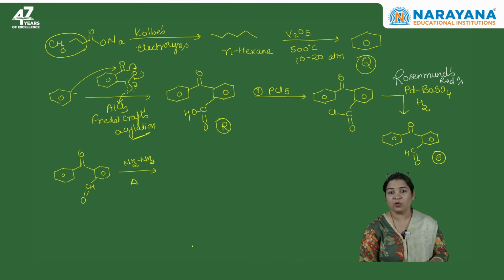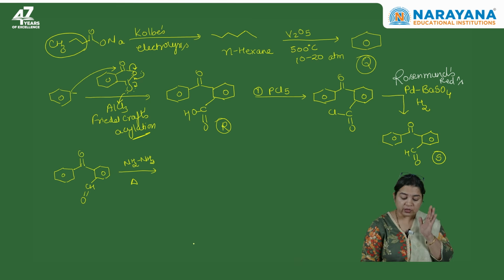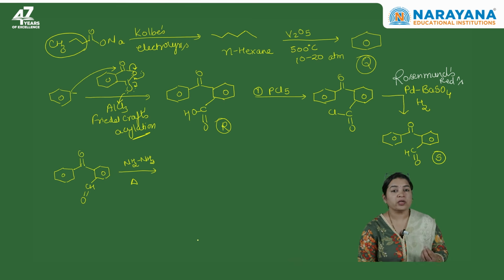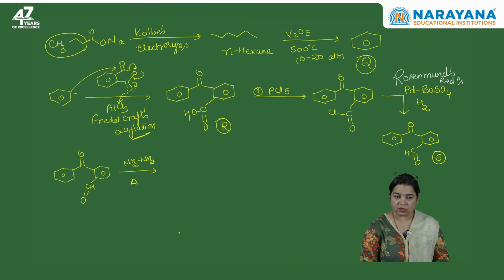There is no KOH given. Several students might have made an error at this point, thinking it is Wolff-Kishner reduction, because you are very familiar with hydrazine plus concentrated KOH forming alkanes. No base is given, so it is not Wolff-Kishner. Then what is it? It is the ammonia derivative addition reaction, right?